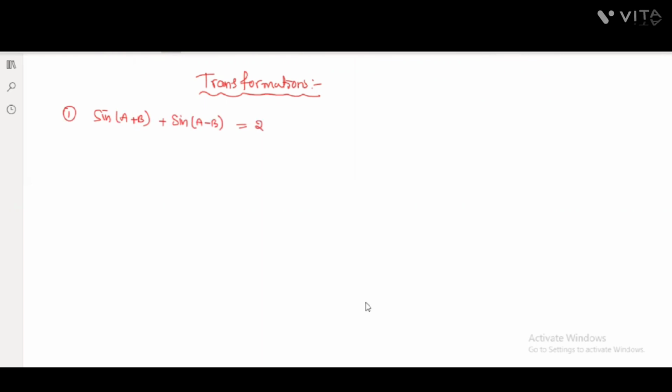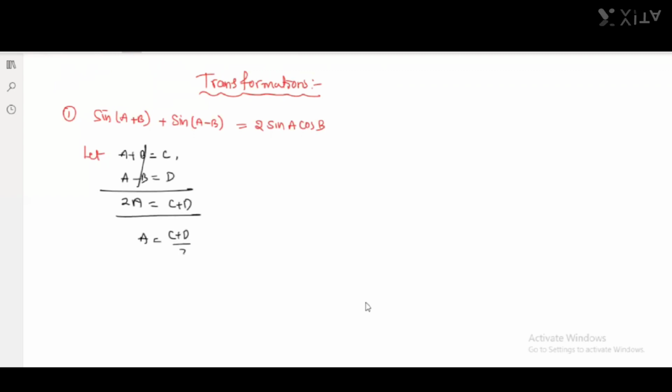So sine a plus b plus sine a minus b is 2 sine a cos b. What I will do here is assume a plus b is equal to c and a minus b is equal to d. If I add these two, I get 2a is equal to c plus d. So from here we get a is equal to c plus d by 2.